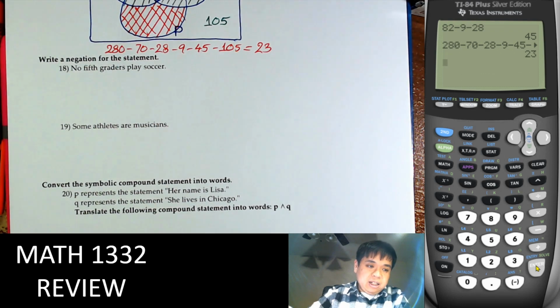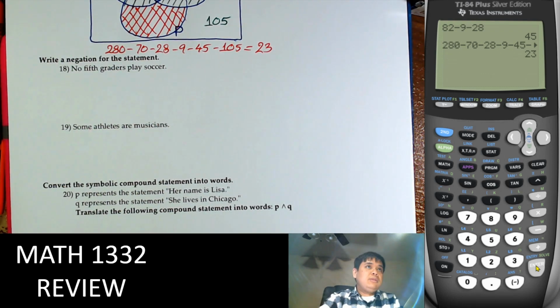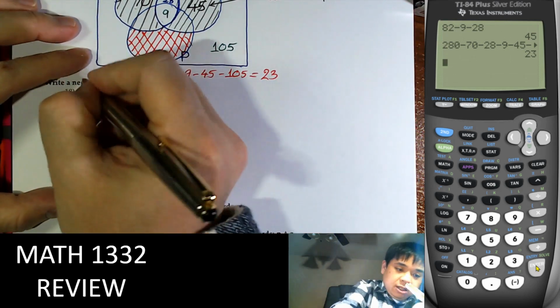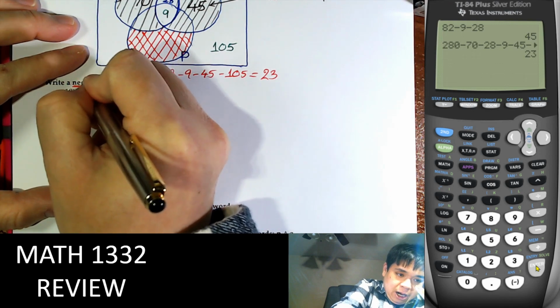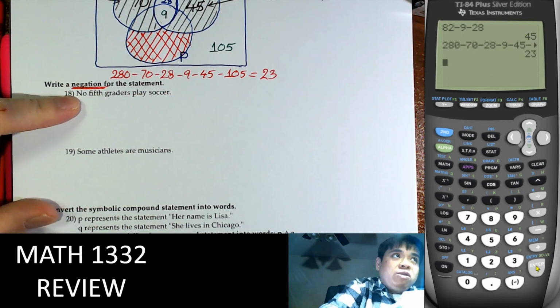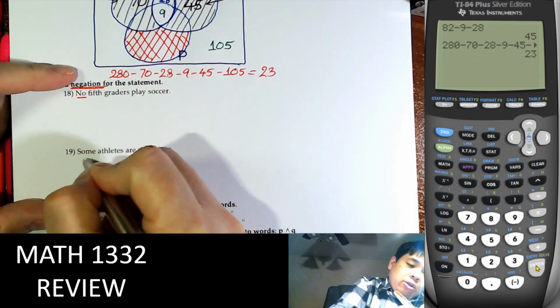I'll go to 18 and 19. Right. Here, we write the negation of the statement. However, here we have the quantifiers. The no here is universal.